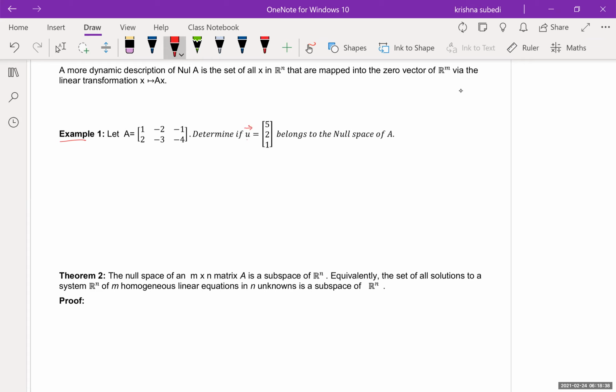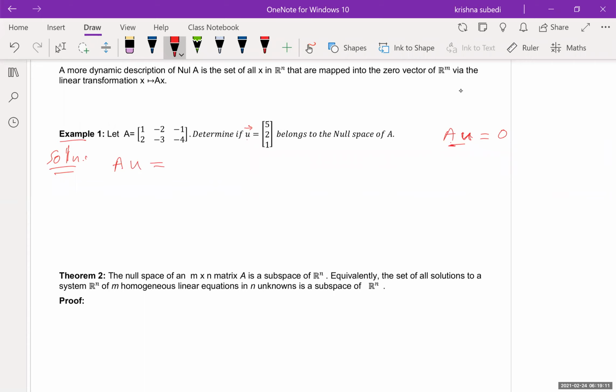Well, by definition, you just find AU. Multiply. A is a matrix. It's like a function, like a transformation. So you do this AU, multiply them, and if you get 0, then it is in the null space. If it is not 0, it is not in the null space. Okay, that's it.